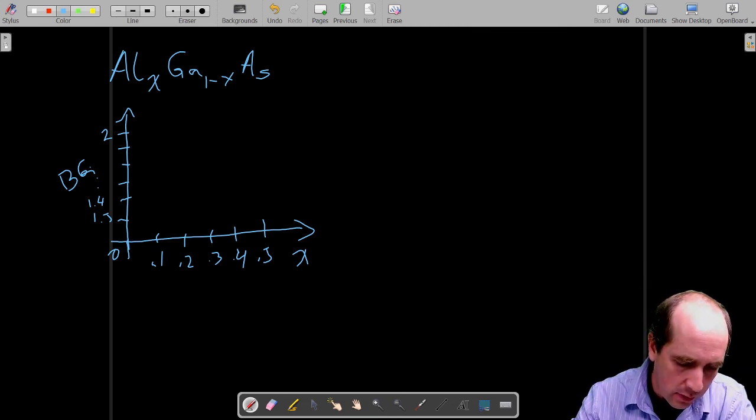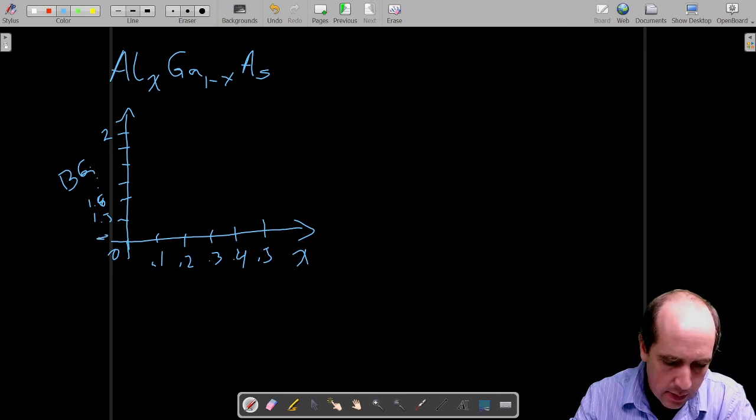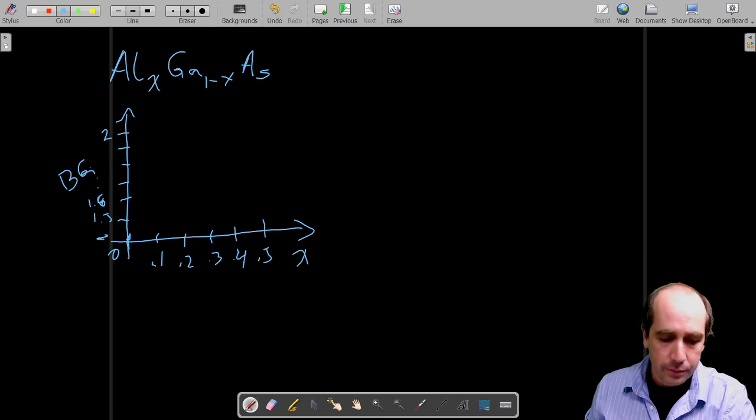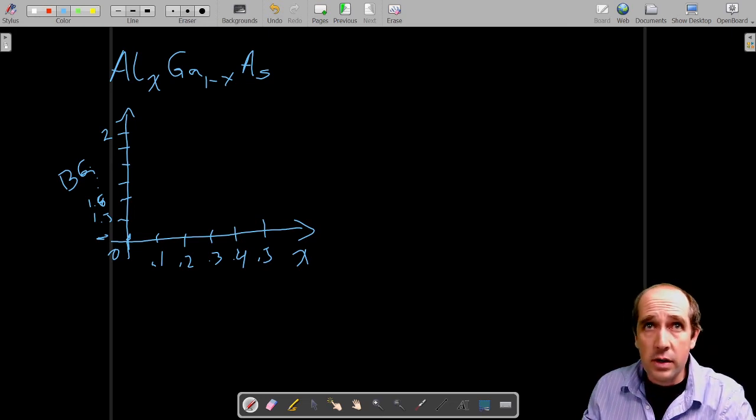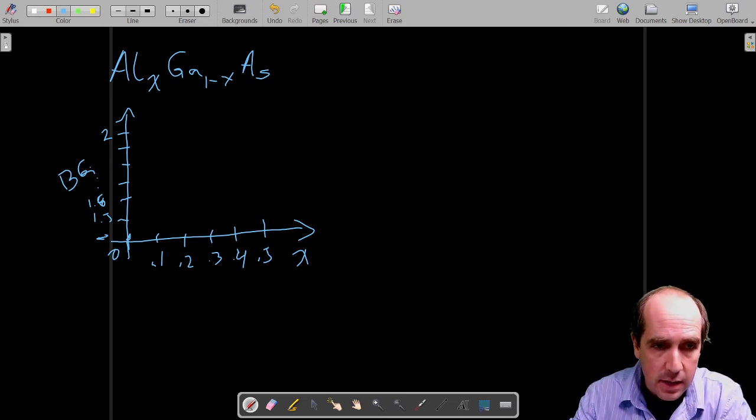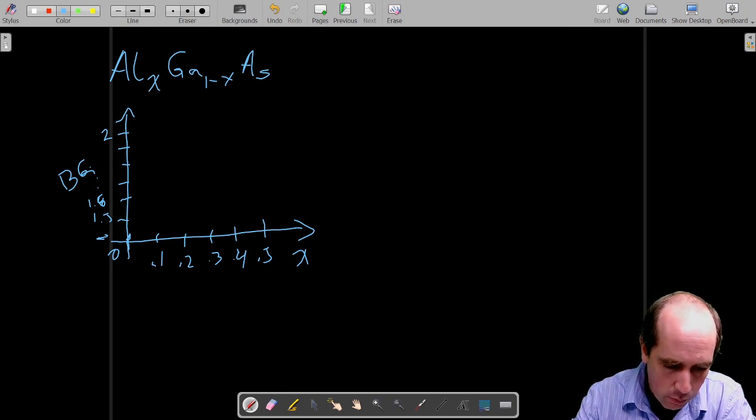Sorry, this is not 1.4, this is 1.6. 1.4 would be here, okay? So we start somewhere around there at zero alloy fraction, and as the alloy fraction increases, the band gap increases, and it increases up to more or less here.